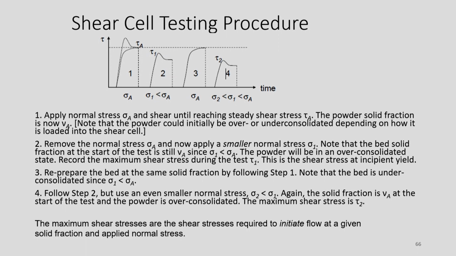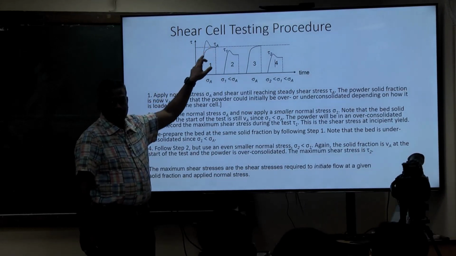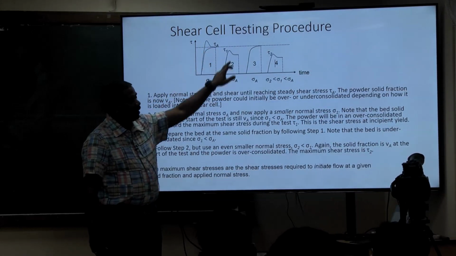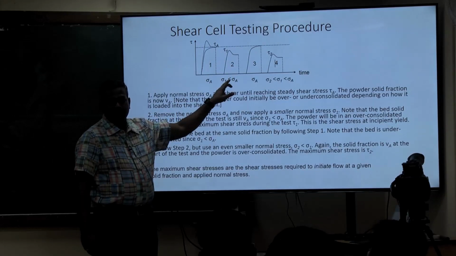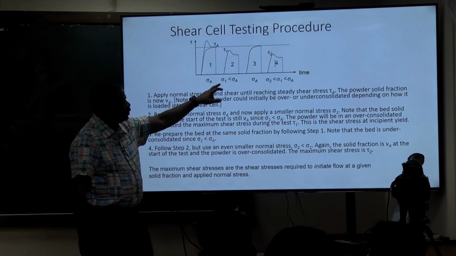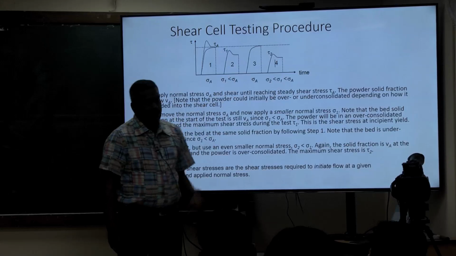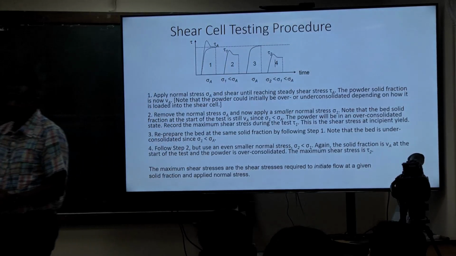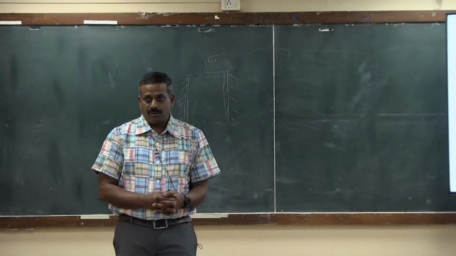pre-shear force. After you pre-shear, you remove this effect of under consolidation and over consolidation, and you apply a normal stress sigma 1, which is a little lesser than the pre-shear load. When you apply that normal stress, at one point it starts flowing or moving. That's the shear stress needed to make the powder flow.